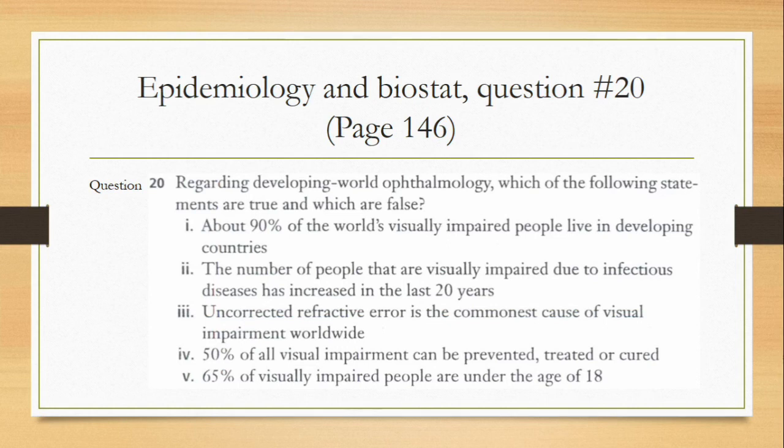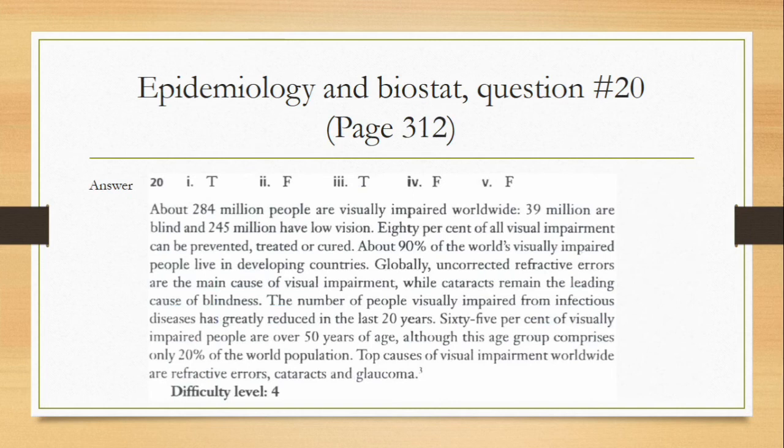So there's nothing wrong in the question, but when you read the answer, it explains that about 284 million people are visually impaired worldwide, and 39 million are blind, and 245 million have low vision. 80% of all visual impairment can be prevented, treated, or cured. And all of those numbers are not accurate anymore.